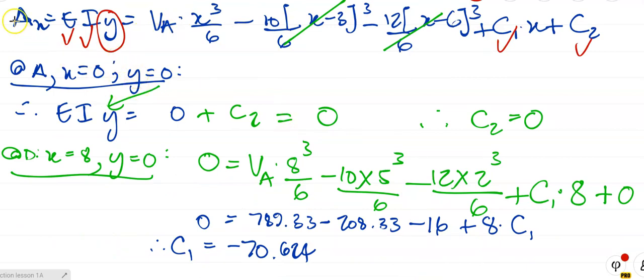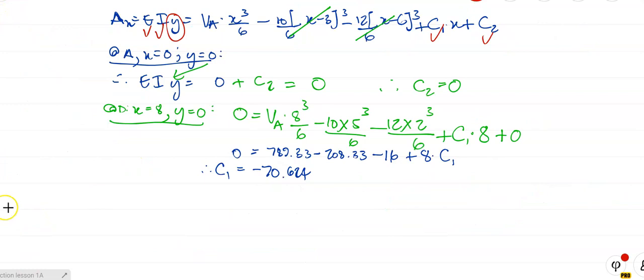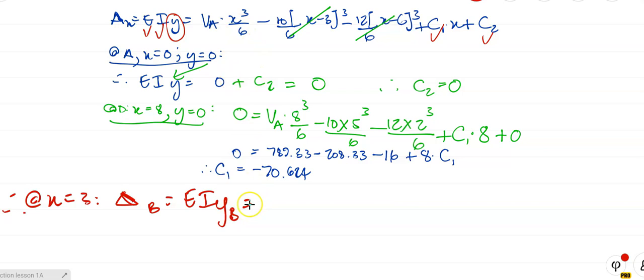Let me just make some space here quickly. So therefore, at x equal to 3, the deflection at B is equal to E I y, and I'm going to say at B is equal to, so that's VA, so that's 9.25 times x is equal to 3. There we go.